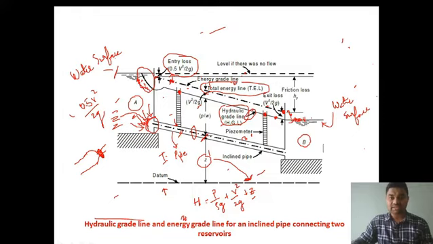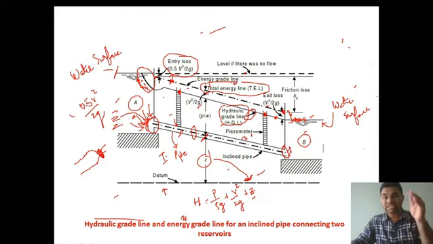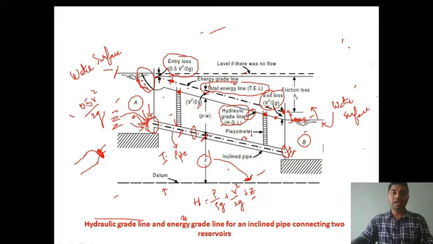So there is a rise in the total energy line by the amount of V square by 2g, which is nothing but the exit loss. Why does this exit loss occur? When the water from the pipe enters the reservoir, as the pipe is submerged in the water, an exit loss occurs. Due to this exit loss, our total energy line is raised above the water surface of B by the value of V square by 2g.